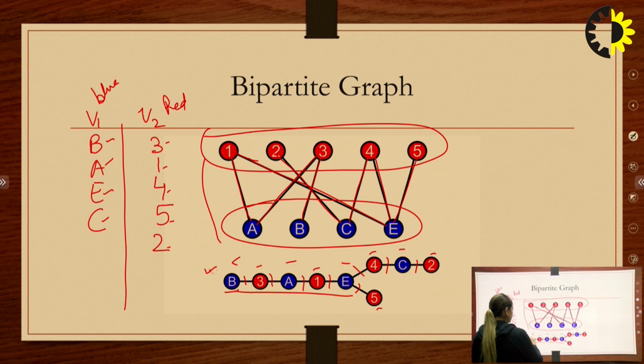All the edges in this graph are the same as in this graph, so both graphs are the same. We can draw this graph in this way also. Both are bipartite graphs.